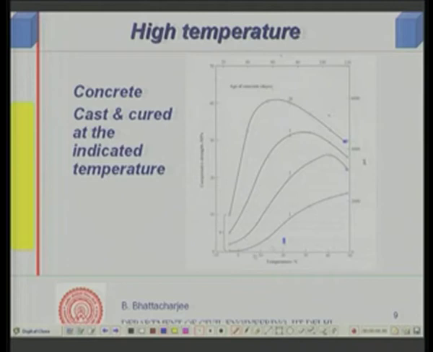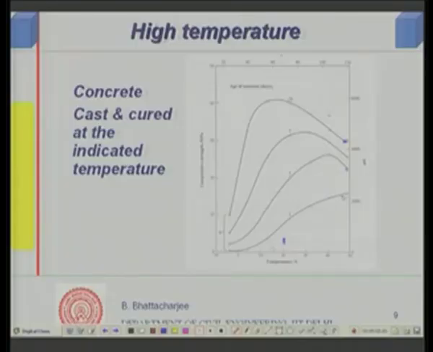Now, you cast at 20 degree centigrade, and you find that the strength here is nearly the maximum. If you cast and cure concrete at higher temperature, especially cure, of course, the casting also has an effect. We do not really recommend casting of concrete at high temperature.